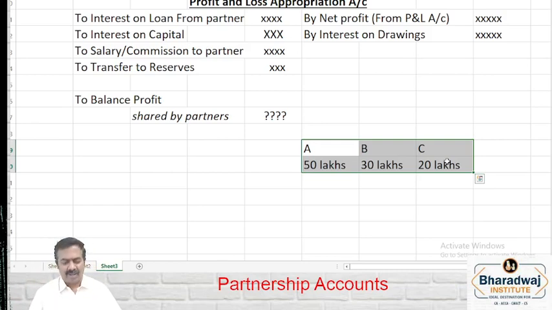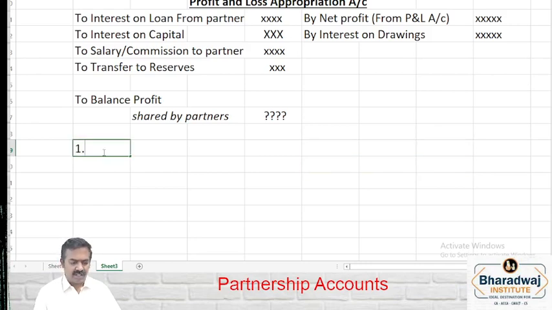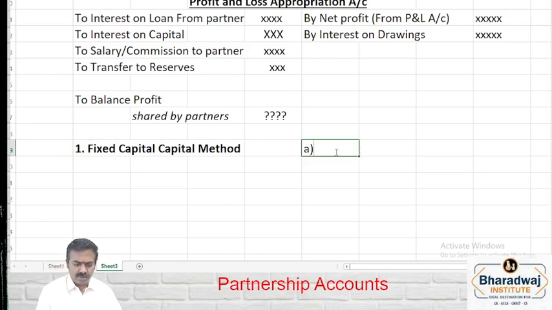Depending on the accounting policy followed by you, there are two types of capital. One is called the fixed capital method. Under this method, we will maintain two accounts. One is the capital account, which will be permanent. You will not alter it. All your current year workings will go to an account called the current account.